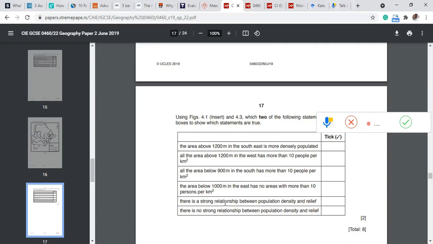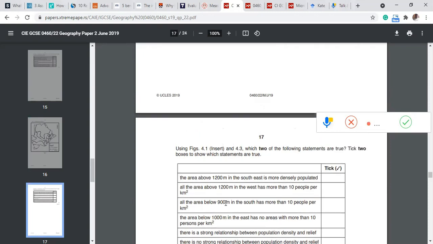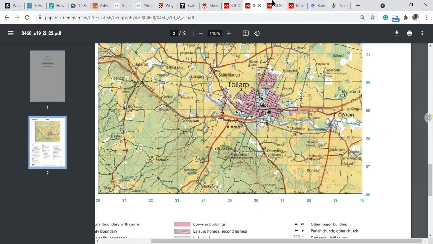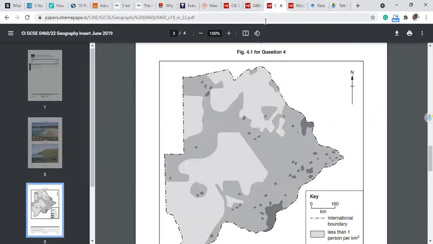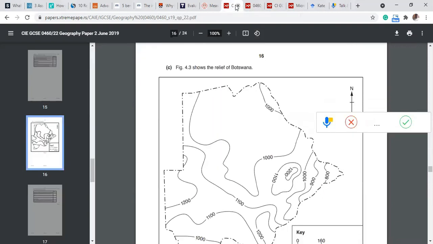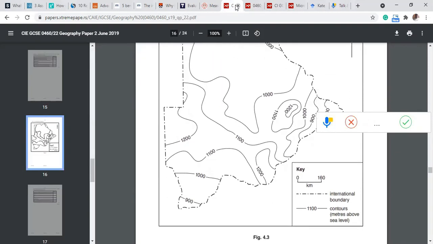There's a strong relationship between population density and relief. Let's go back and just quickly check that. I think so. This place has high relief, and they are very dense, and those are densely populated areas. And places with low relief. No, look at this.